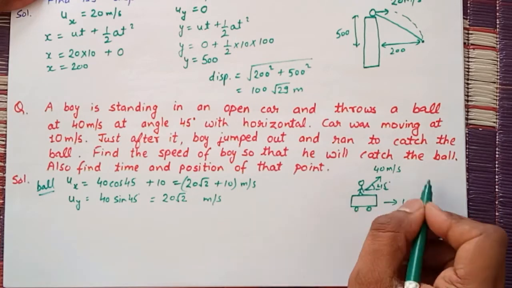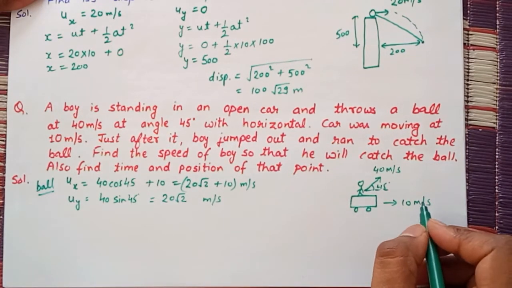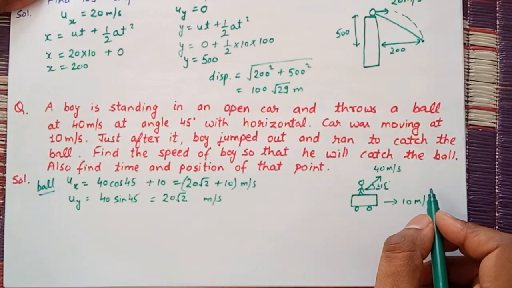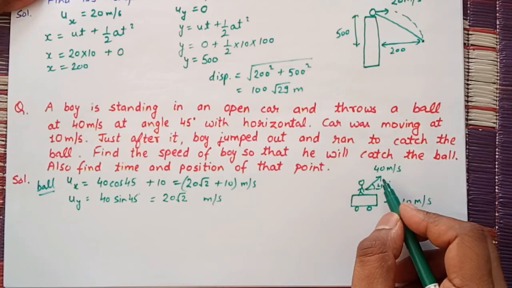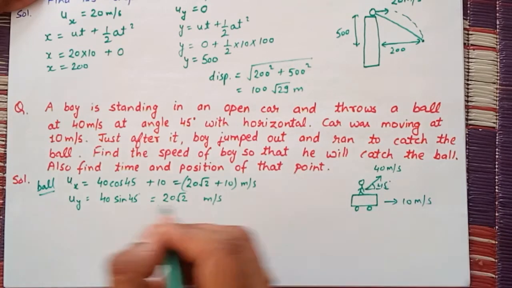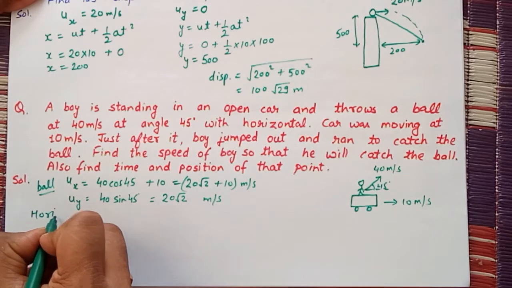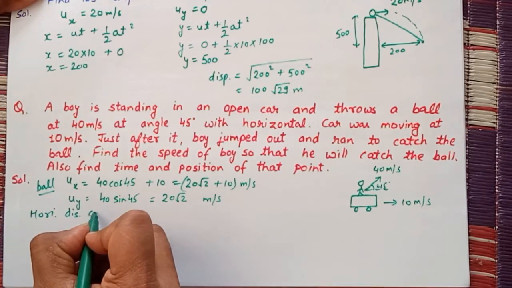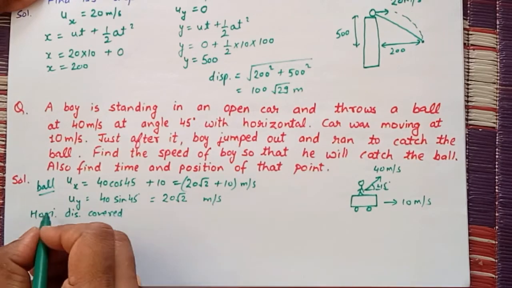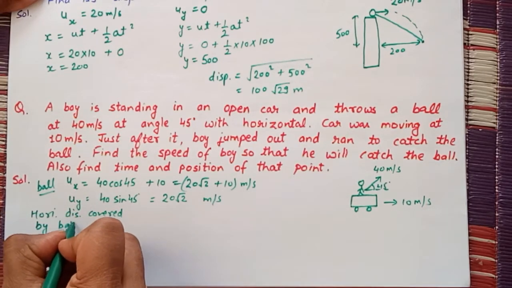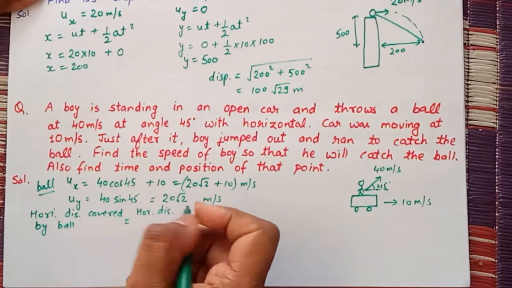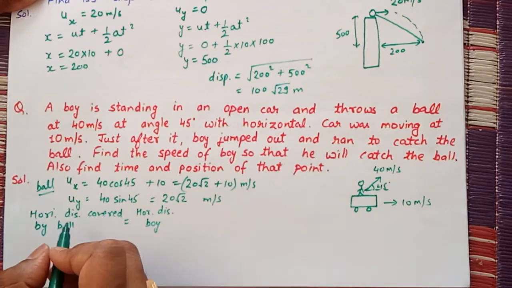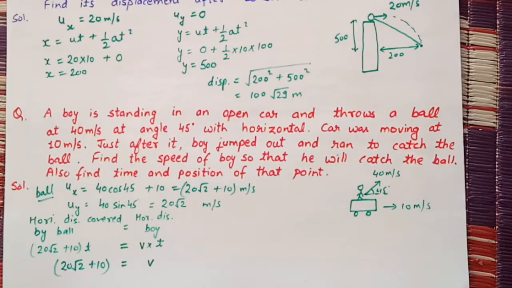Now when the ball is thrown, the boy jumped and moved and caught the ball. So the horizontal distance covered by the ball should be equal to the horizontal distance covered by the boy.